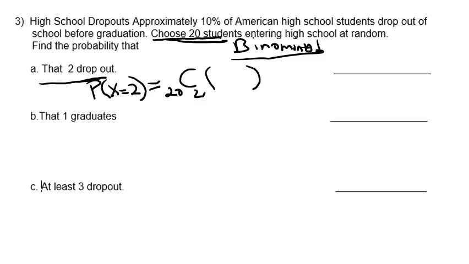Well, it's a 10% chance 1 drops out, so I square it because there's 2 of them. If there's a 10% chance of them dropping out, there's a 90% chance they don't drop out. Well, you raise 0.9 to the 18th power, and the reason why is because if 2 dropped out, that means 18 did not drop out.